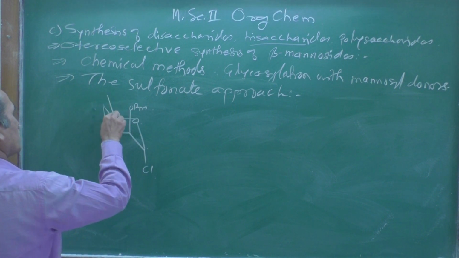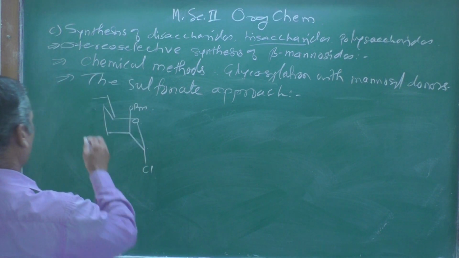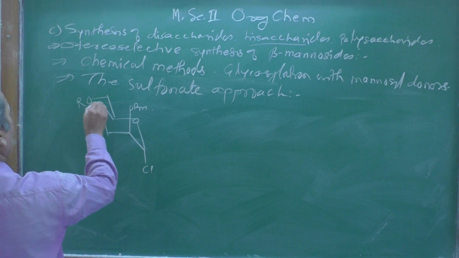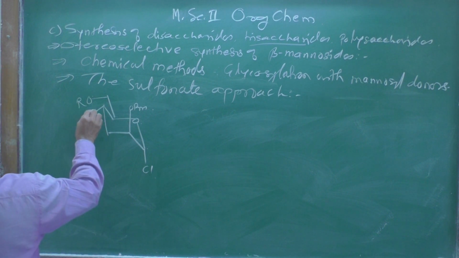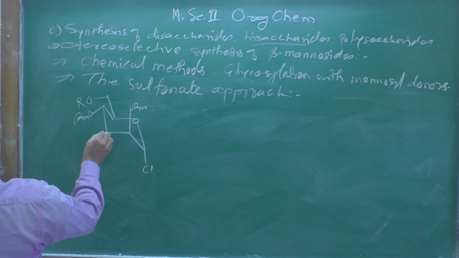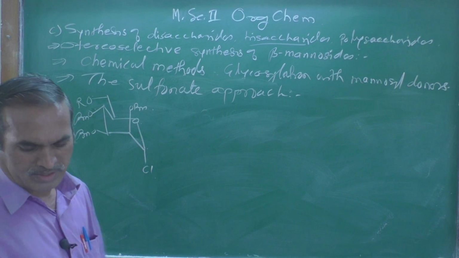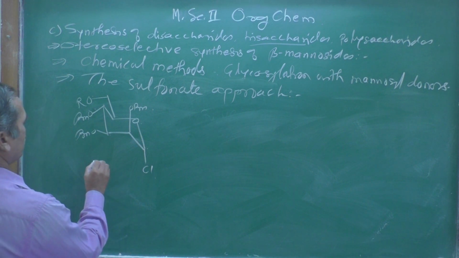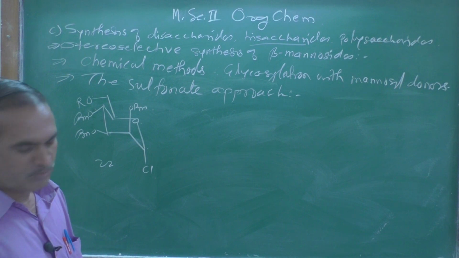Now all other groups which are lying at equatorial positions are protected with a protecting group such as benzyl group, and this is structure number 22.